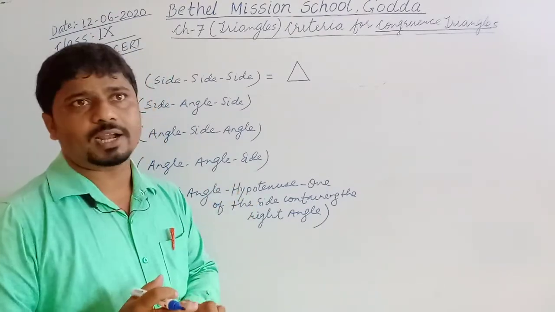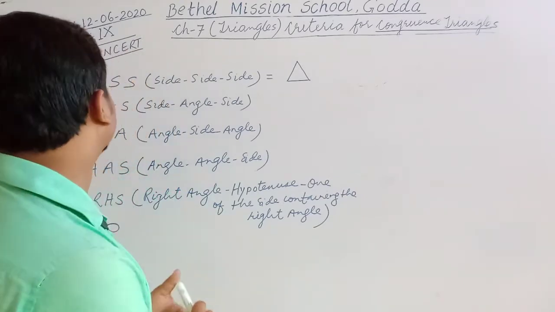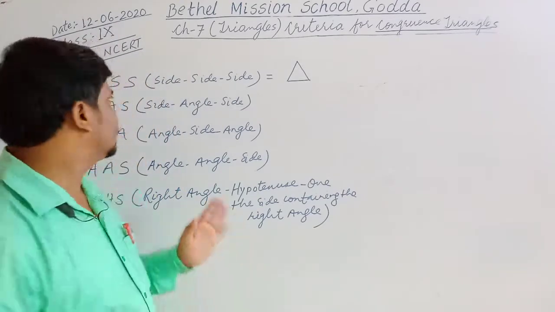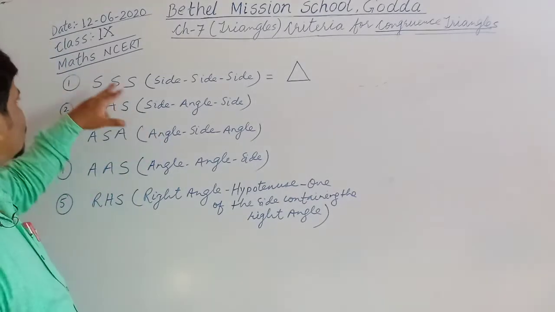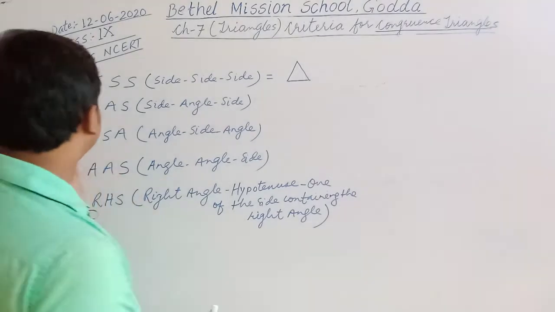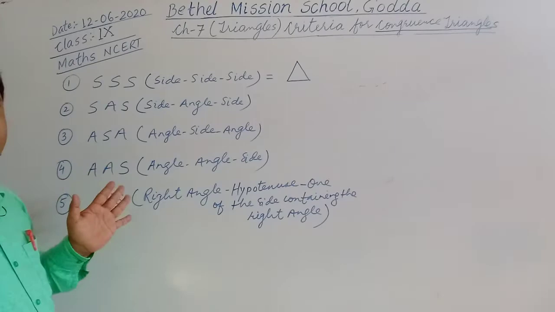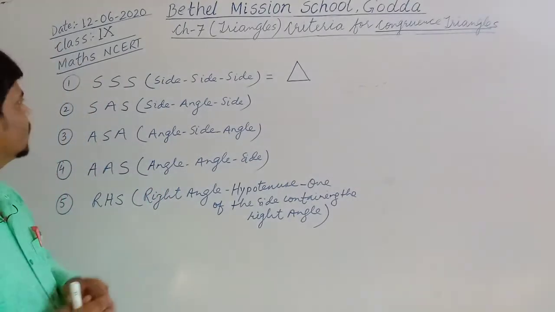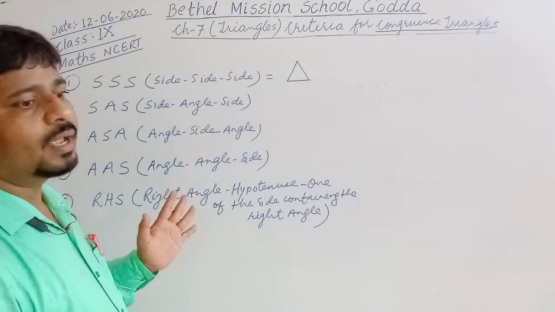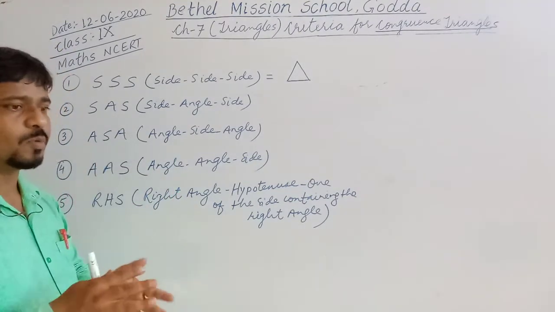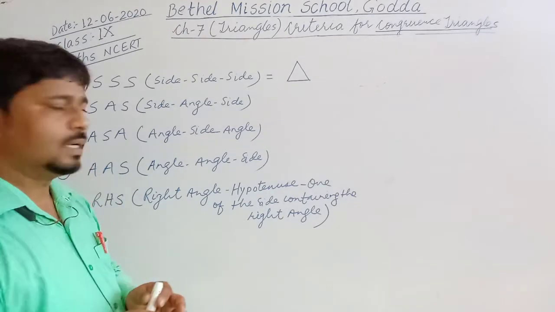You know that in a triangle there are 6 parts, but for proving congruence you need only 3 parts, and those 3 parts should be in this way. You cannot write AAA, because triple A is not there. Triple S is there, but triple A is not. That triple A we will study in the criteria of similar triangles in class 10.